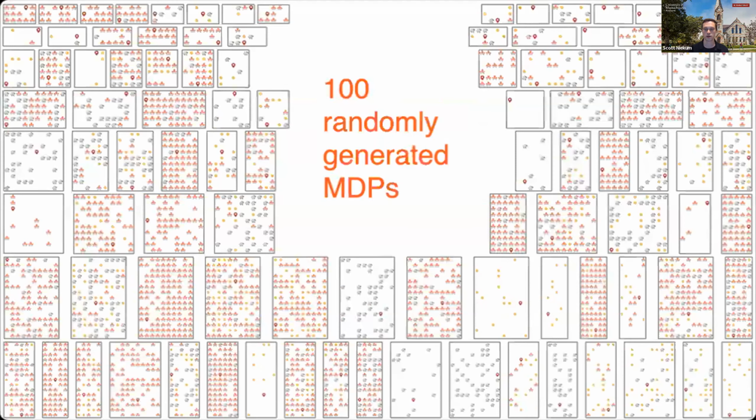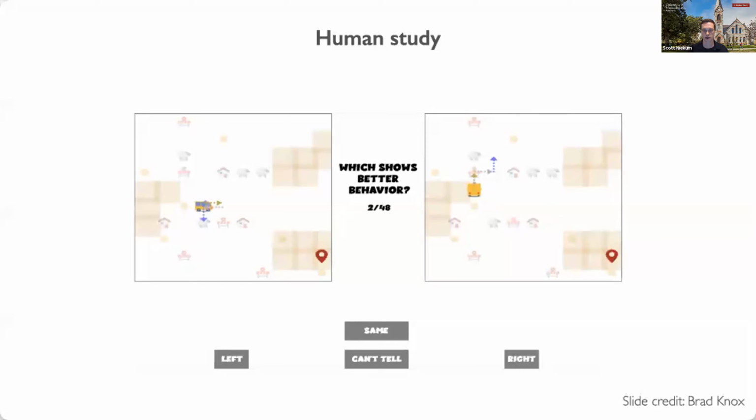We generate 100 of these different MDPs, and we showed them to a bunch of Turk workers, where we got preferences over short trajectories that we showed them. We allowed them to either say they like the trajectory on the left, the right, or they're the same, or they can't tell.